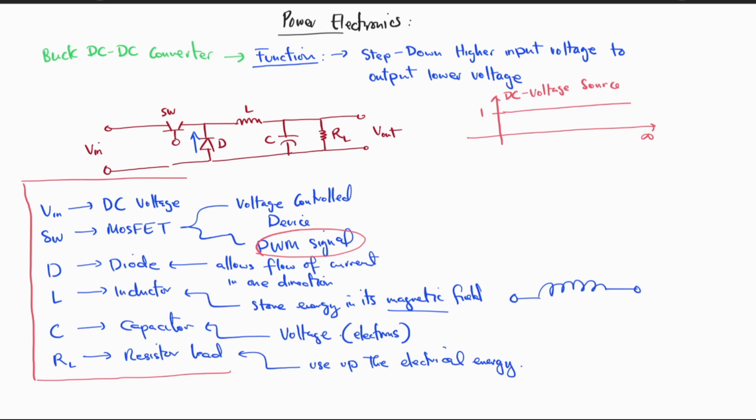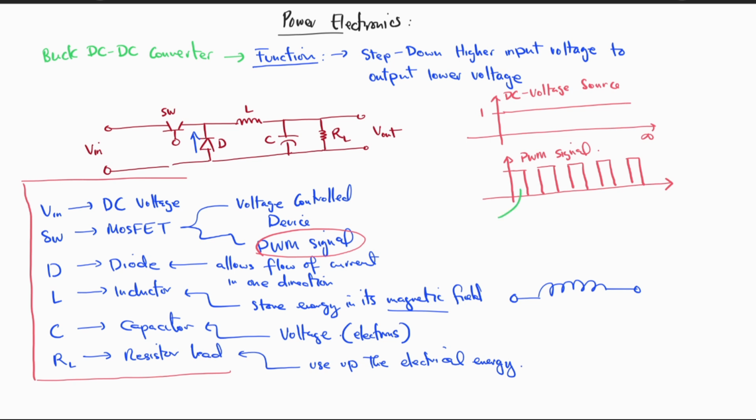Now if we want to have a PWM signal, for this PWM signal we have a period that usually controls the DC voltage source, and we can have a PWM signal drawn like this.